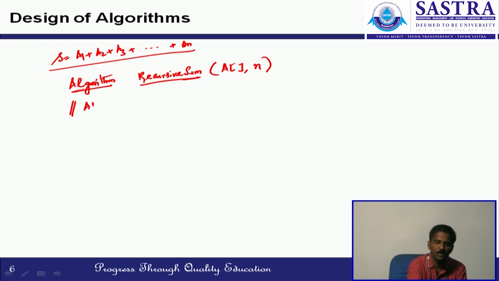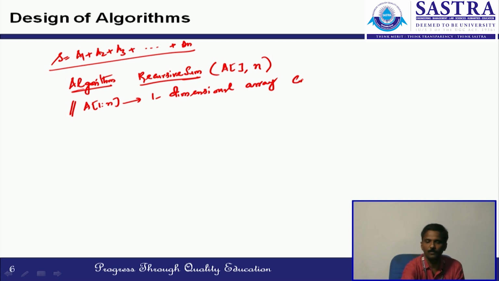A is a one dimensional array, A from 1 to n, which consists of n elements, A1, A2, A3, etc. An. Algorithm recursive sum, this is the name of the algorithm, A array comma n.